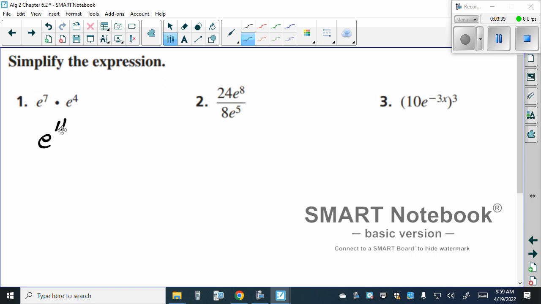And when we divide, we subtract. So e to the 8th over e to the 5th, 8 minus 5 is indeed 3. And does 24 divide by 8 evenly? It would. So this here is 3e to the third.